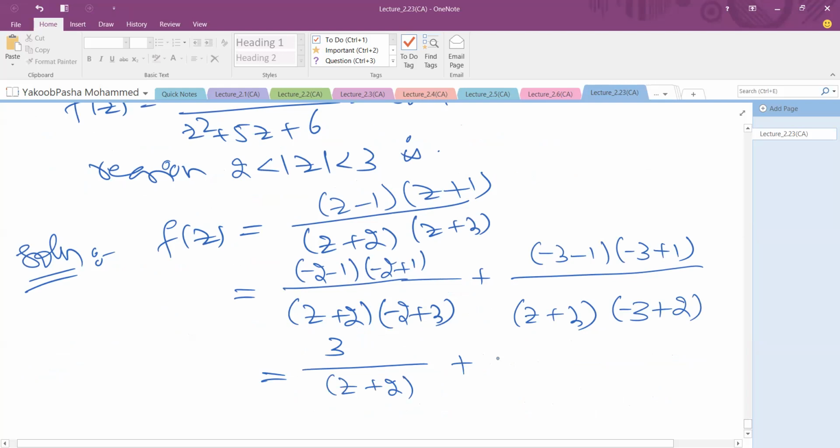Here minus 4 times minus 2 is 8, and the denominator is minus, so it will be minus 8 by z plus 3.